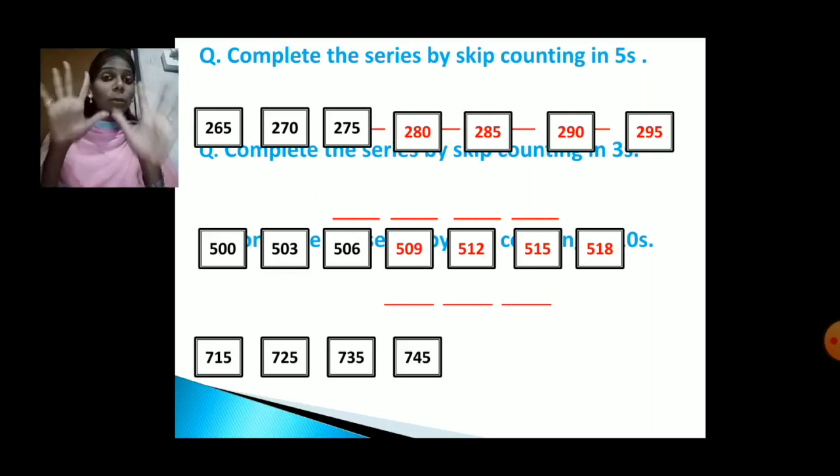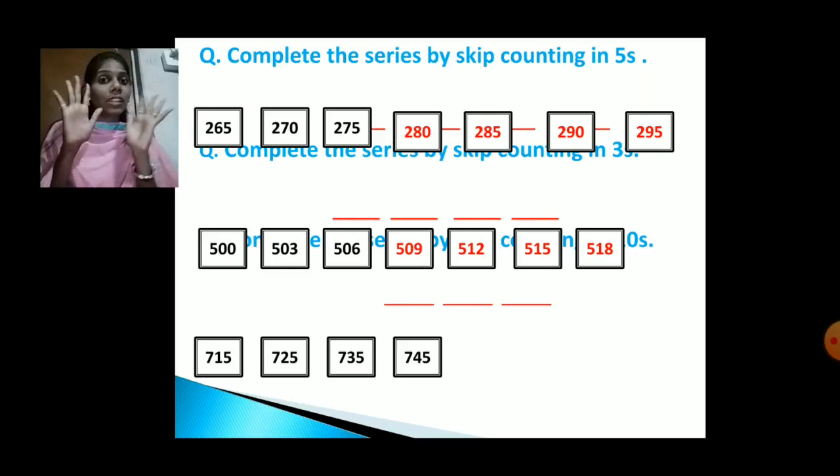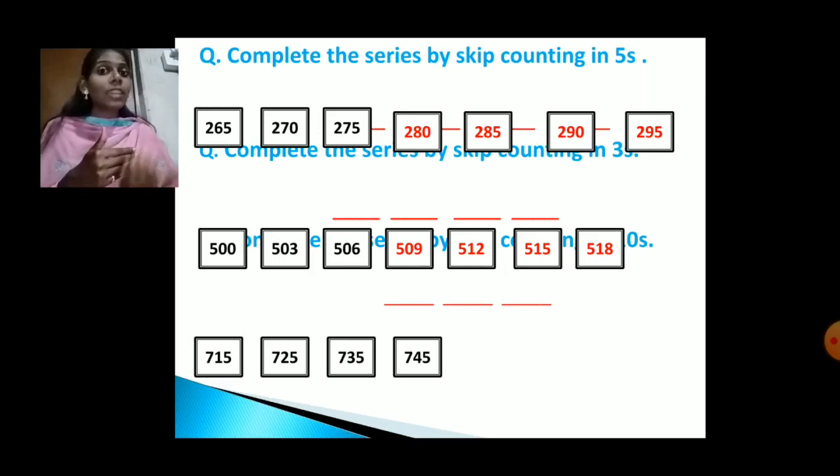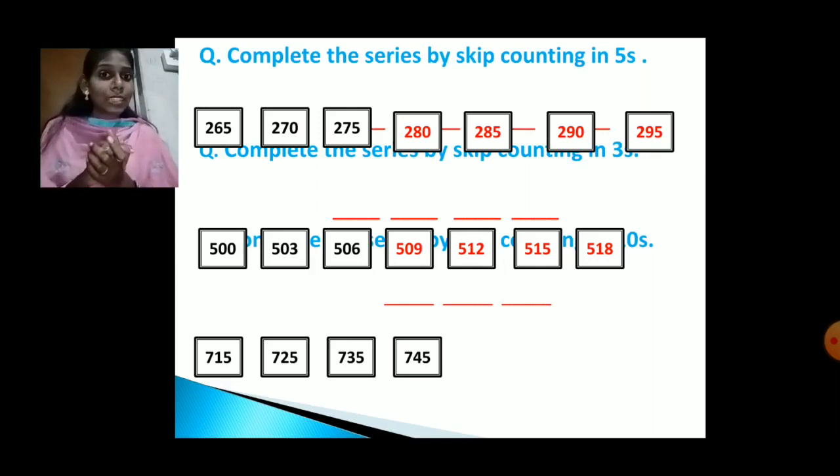How many numbers do we have to skip? 10 numbers. Correct? After 725, if we skip 10 numbers, our answer is 735. Then after 735, skipping 10 numbers gives 745. And after 745, 755. Very good.